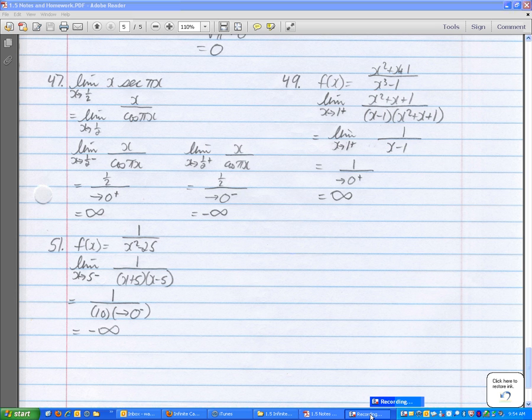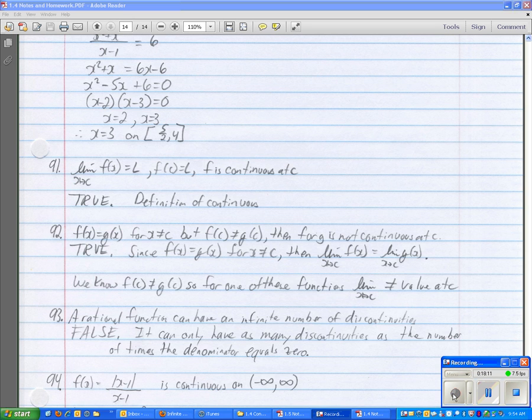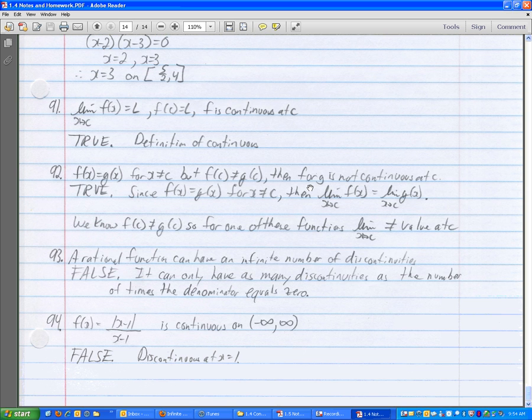All right. From section 1.4, number 93. All right, let me find mine. True or false? Determine whether the statement is true or false. If it is false, explain why or give an example that shows it is false.